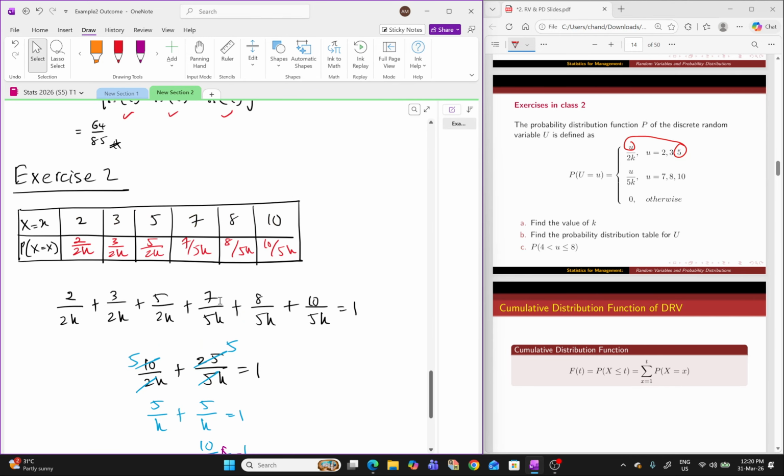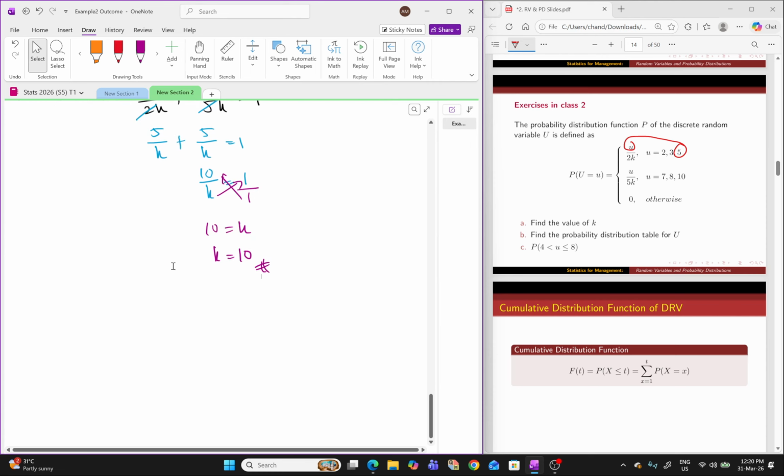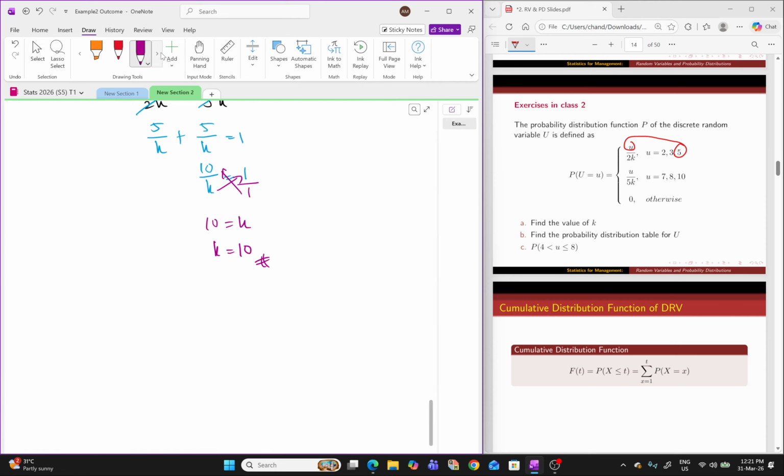So just now we write the table in terms of K. Yang ini tak apa ya, boleh salin yang ini dulu untuk B ya.